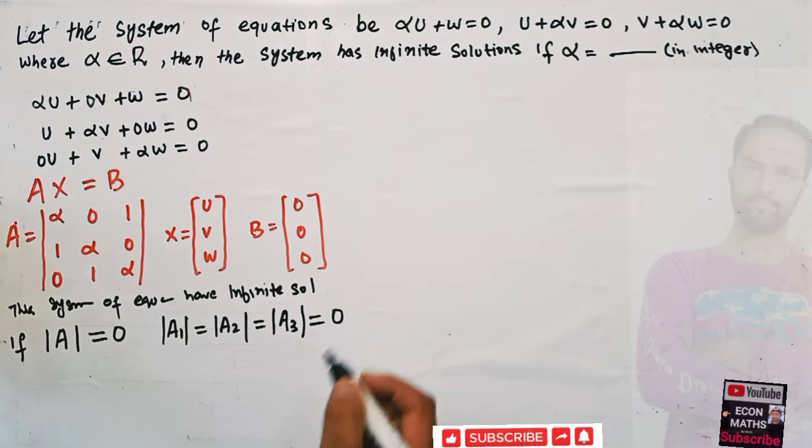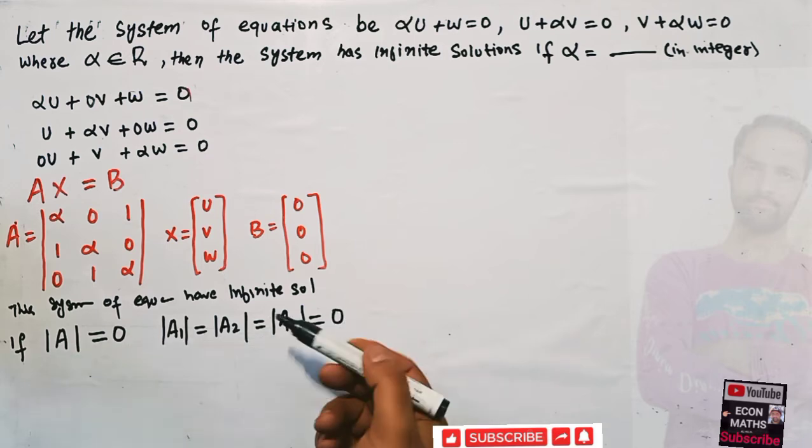If these are also equal to 0, then we say the system has infinite solutions.